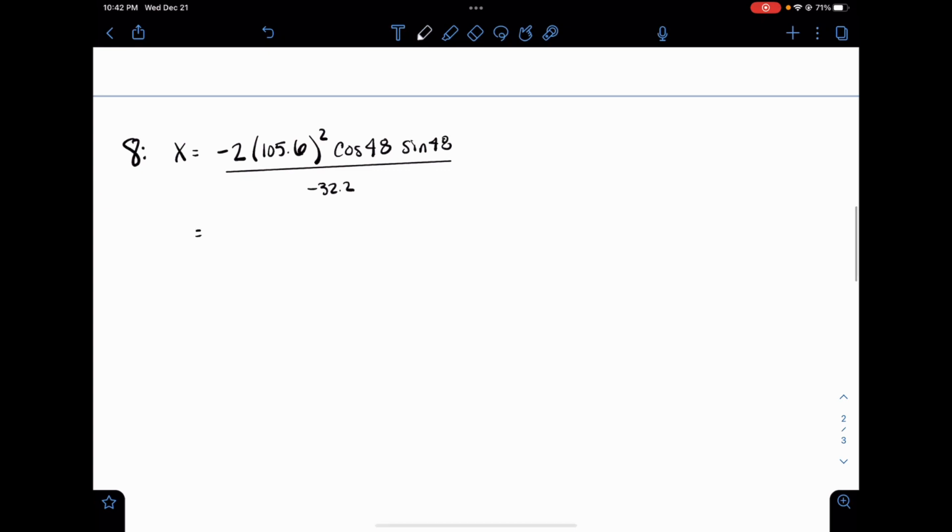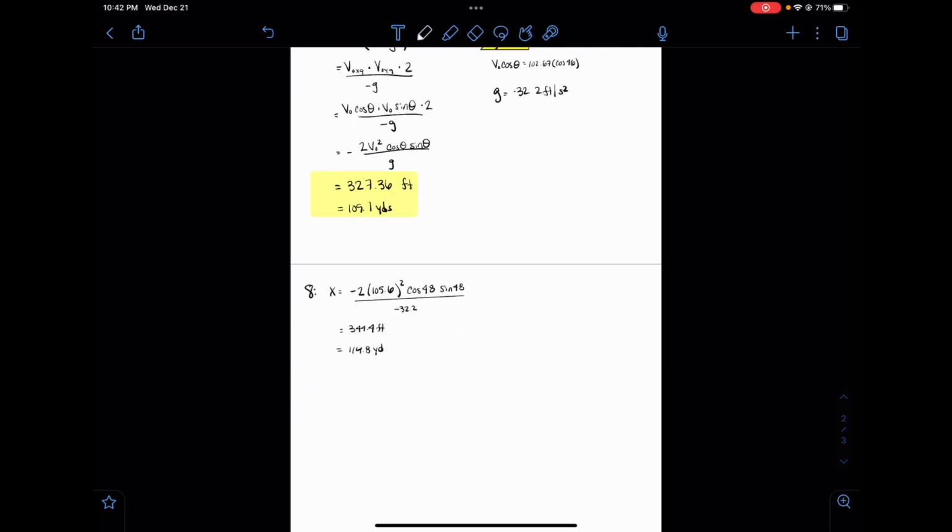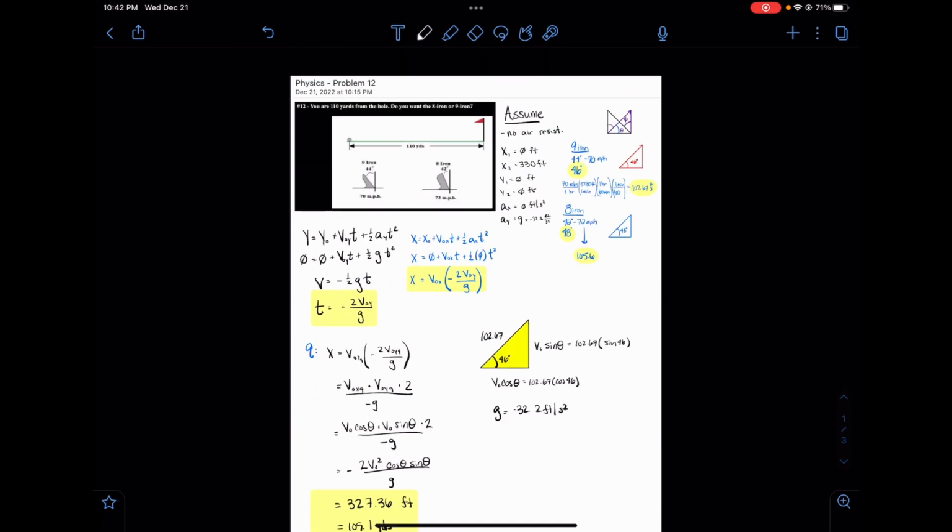And this gives you an answer of 344.4 feet or 114.8 yards. And again, we already knew that this was a really great estimate, so the answer is going to be the 9 iron, but just good to do out the problem.